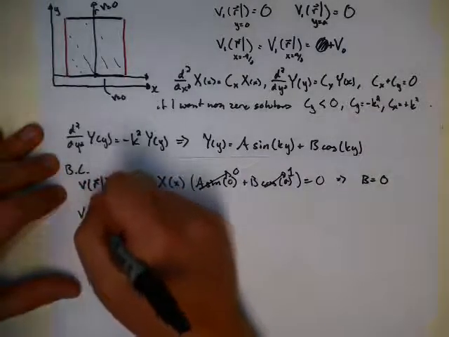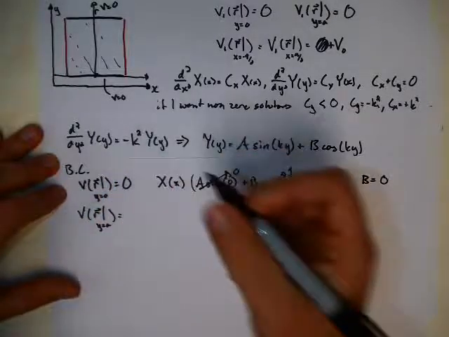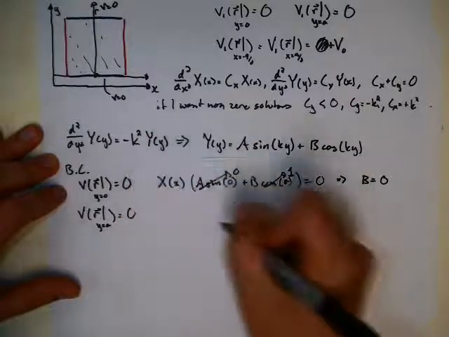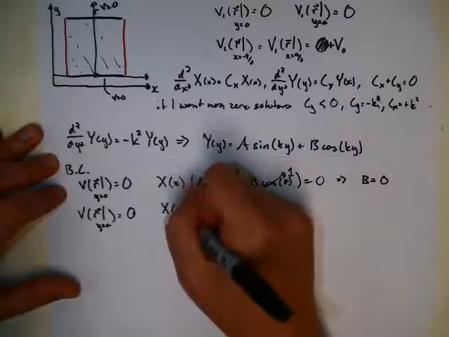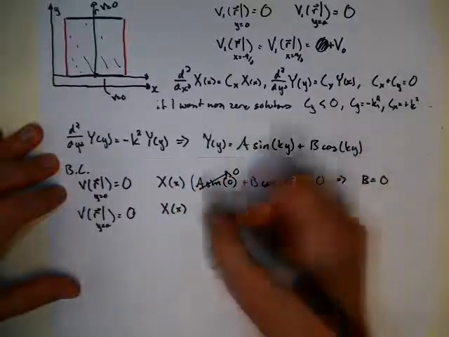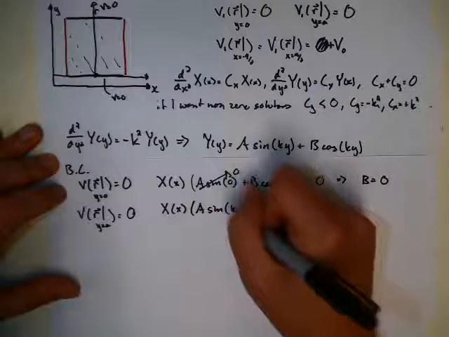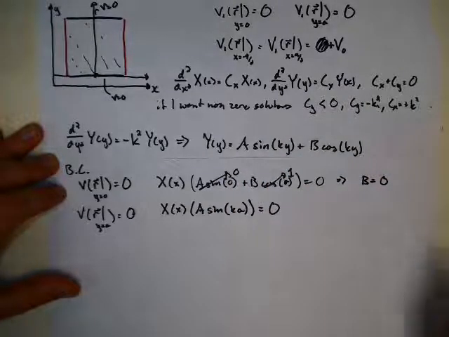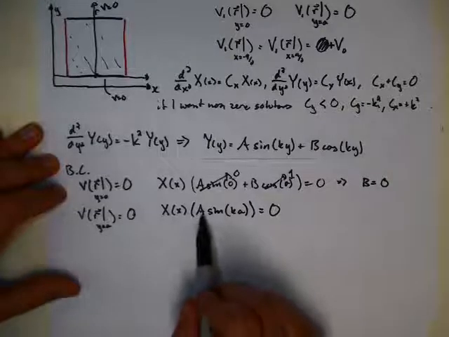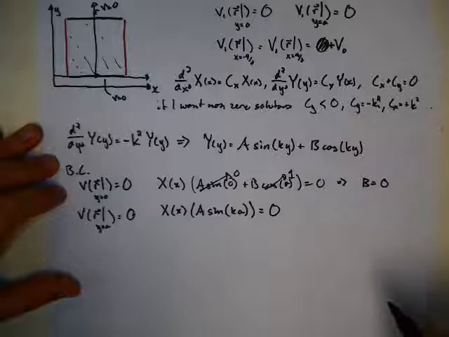The next boundary condition is at y equals a. This should be equal to 0 as well. So again, copying down, this gives whatever X is. Now b is 0, so I don't have that anymore. I'm going to have a sine of ka, and this must be equal to 0. Well, if a is 0, the whole solution is 0, and that's not interesting, so a shouldn't be 0.